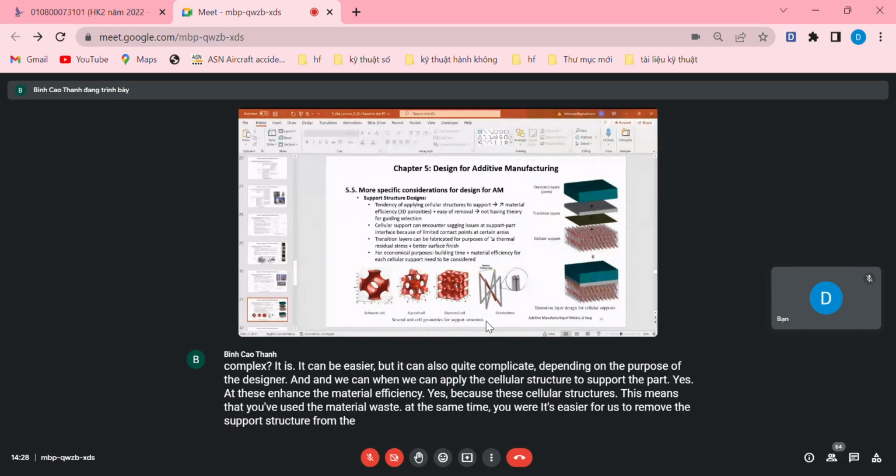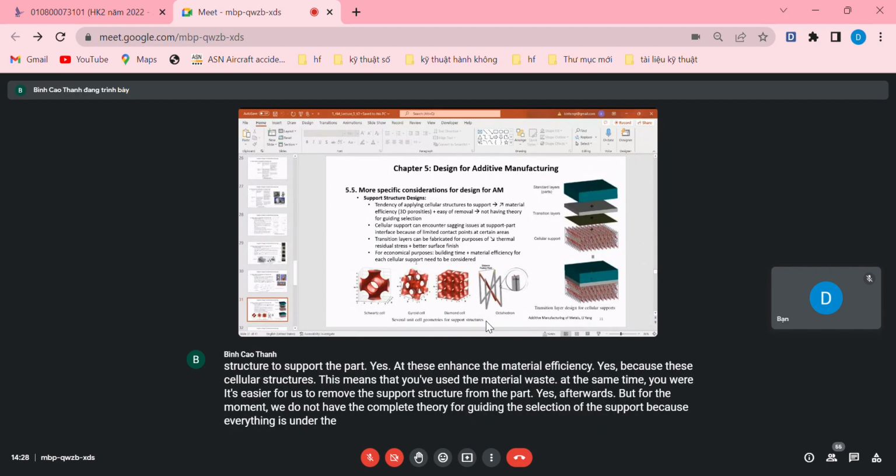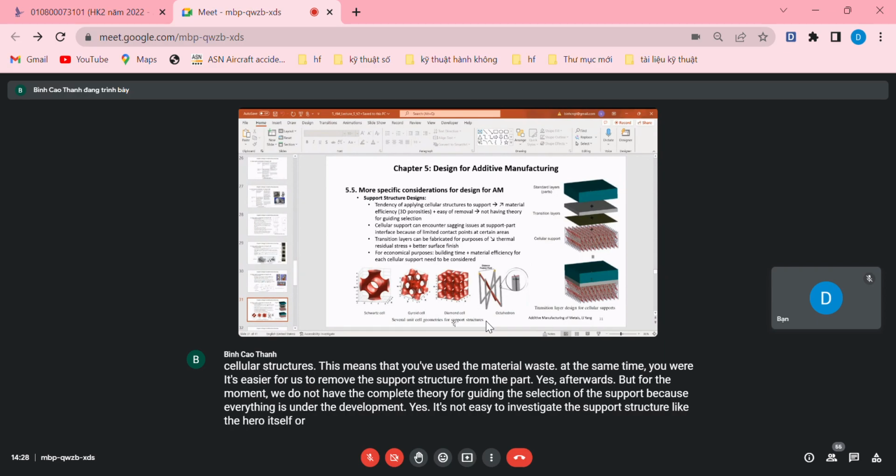Yes, afterwards. But for the moment, we do not have the complete theory for guiding the selection of the support, because everything is under development. It's not easy to investigate the support structure like the gyroid cell or the diamond cell or the sparse cell and so on.